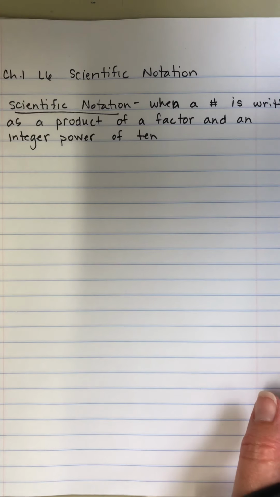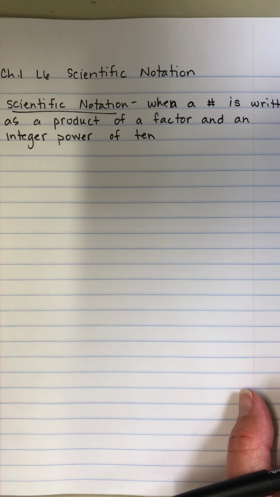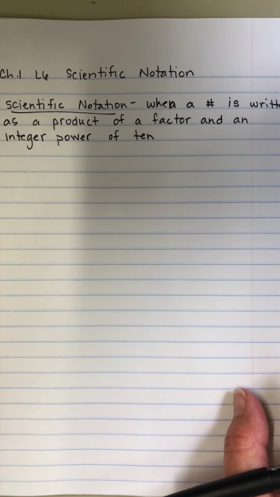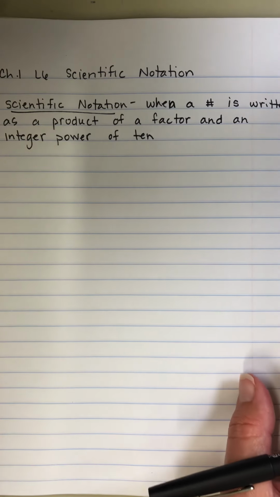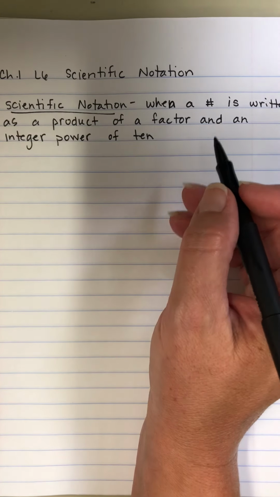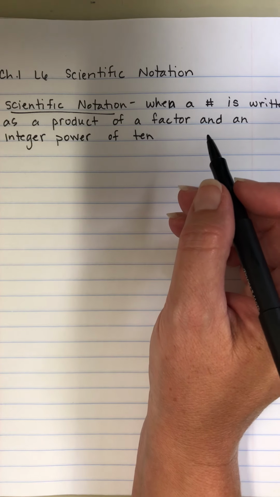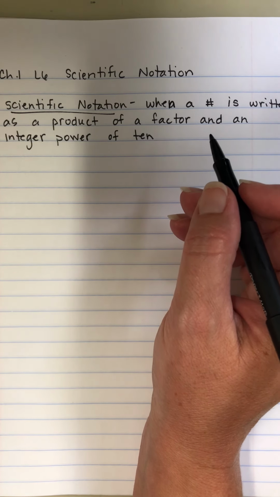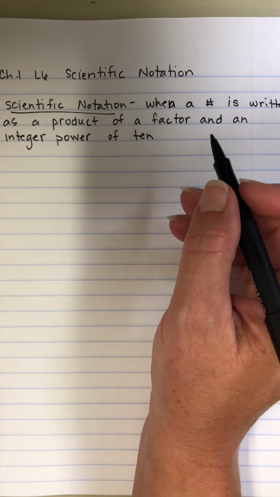Okay, there's a couple things you have to keep in mind when you're doing scientific notation. One of them is that your factor has to be larger than 0 and smaller than 10. So what does that mean?